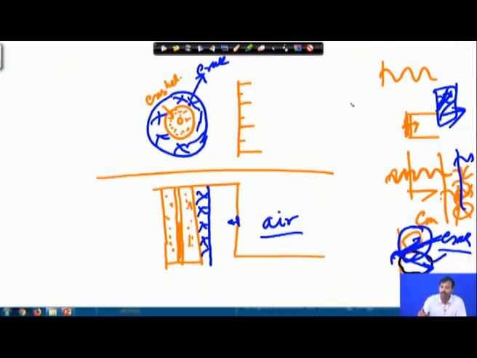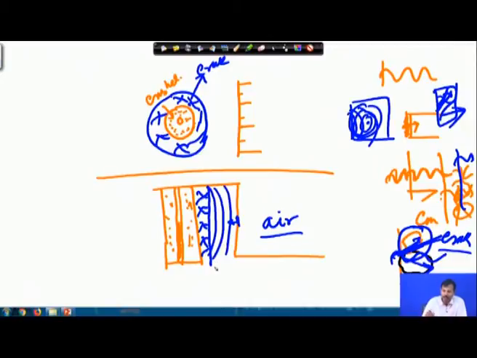So, the moment we drop a stone in a pond, the waves will move like this, and the moment it reaches this position, it will reflect in the opposite direction. So, the wave will start moving like this, and it reflects back like this.